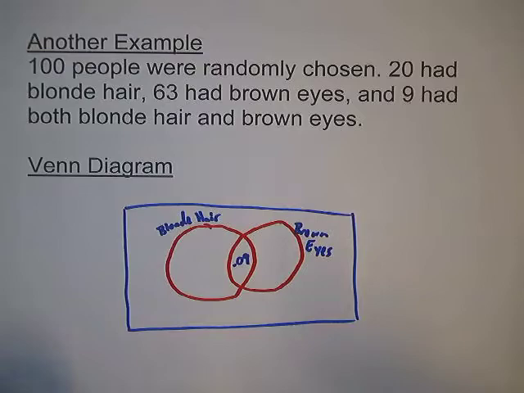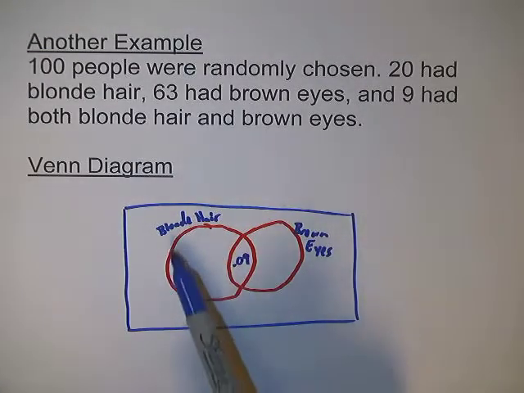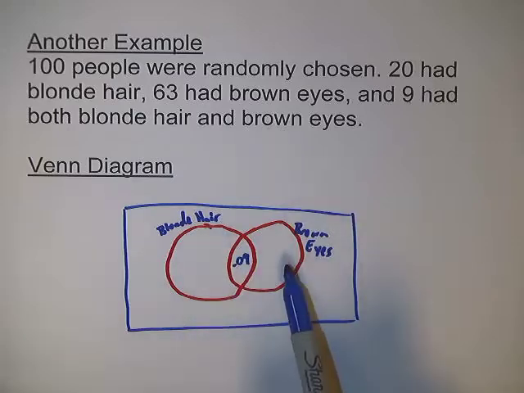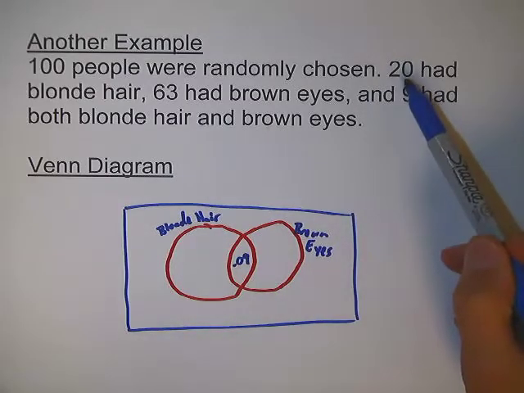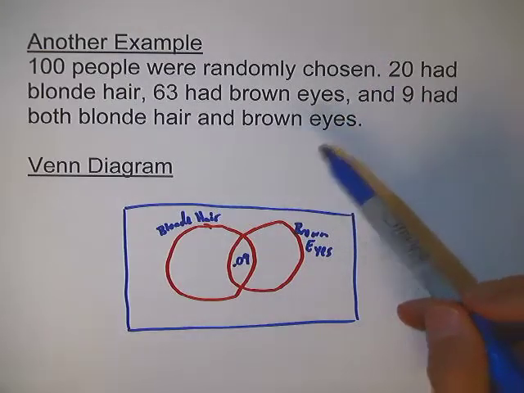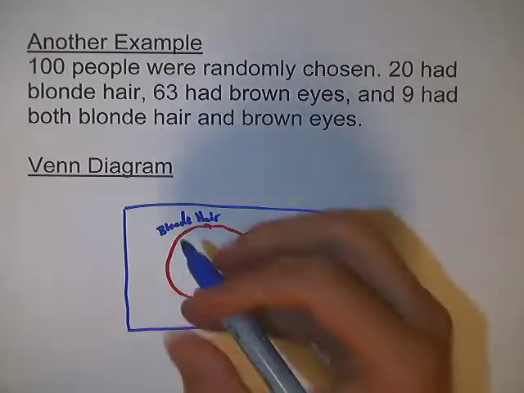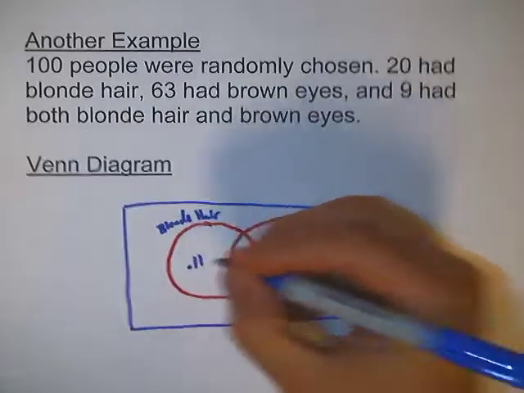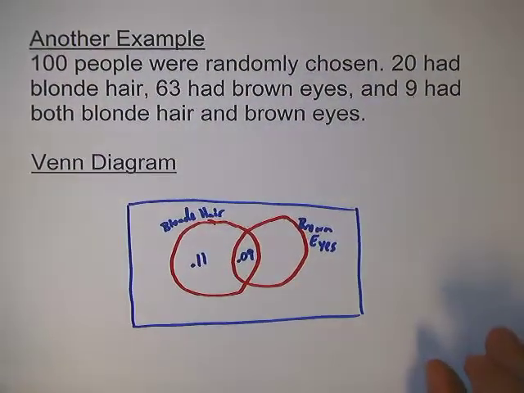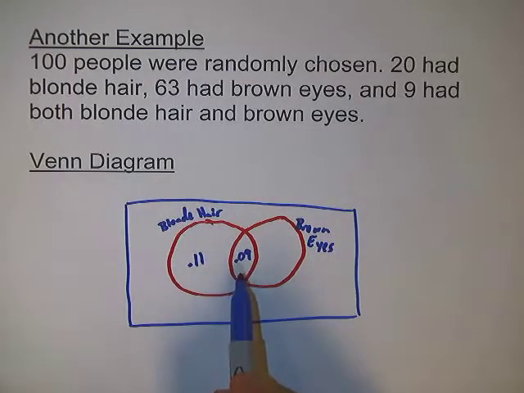Now we need to be a little bit careful here. The people that are in this region are only those with blonde hair, not with brown eyes. The 20 here, we don't necessarily know what color eyes they have, but since 9 of them are already accounted for here, then the remaining have to be the 11. That ends up being 0.11, so 0.20 minus 0.09.